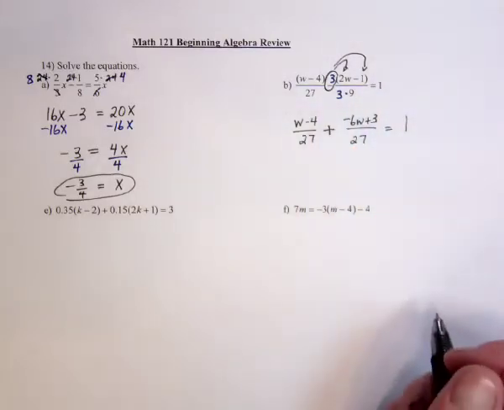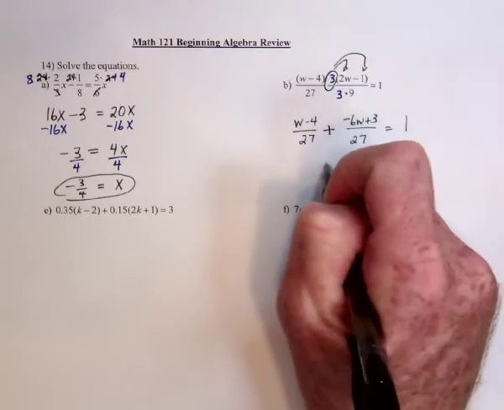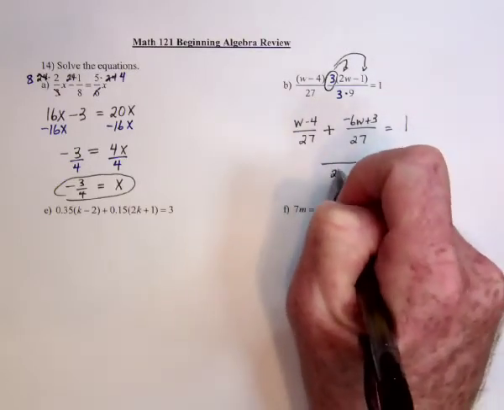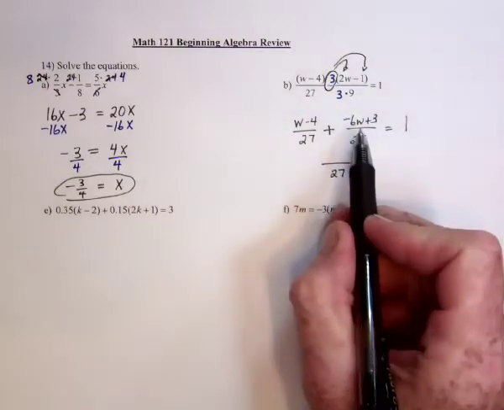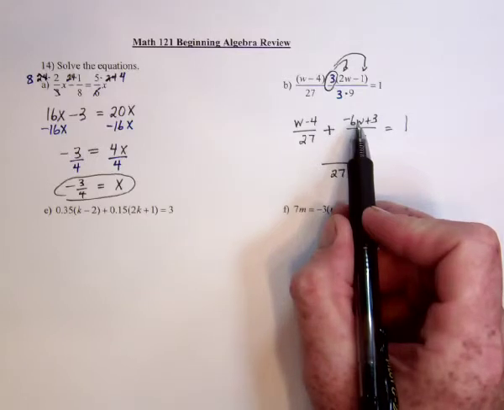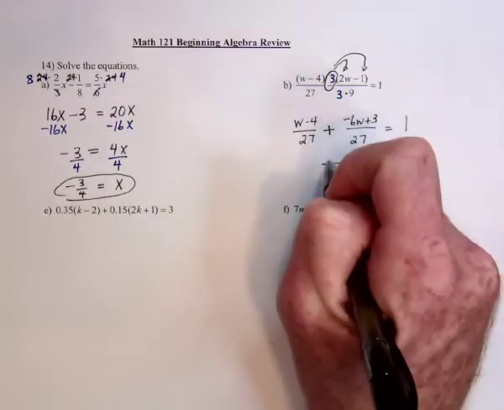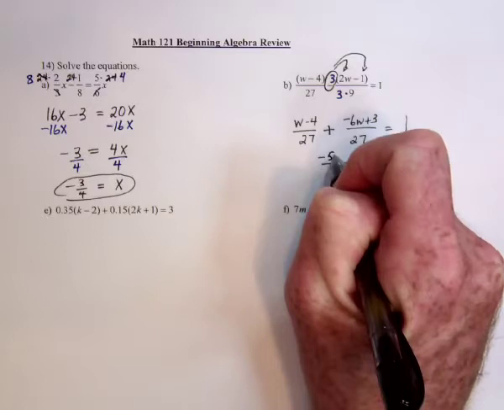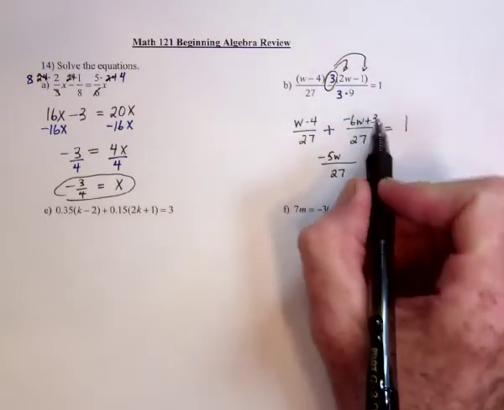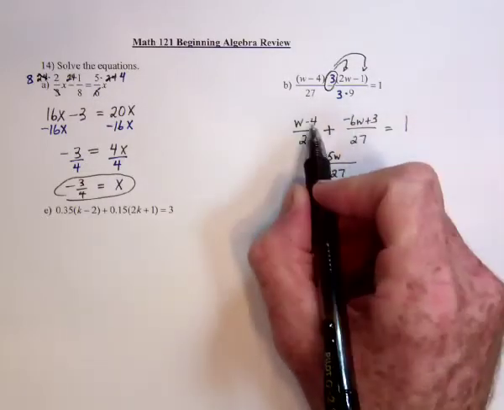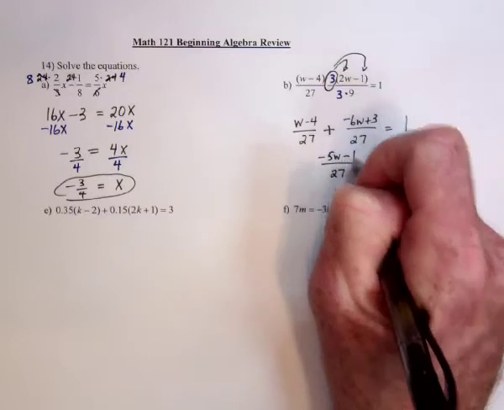Now that we have common denominators, we can make this one fraction. Combine like terms: negative 6w with a positive w is negative 5w. And a positive 3 with a negative 4 is a negative 1.